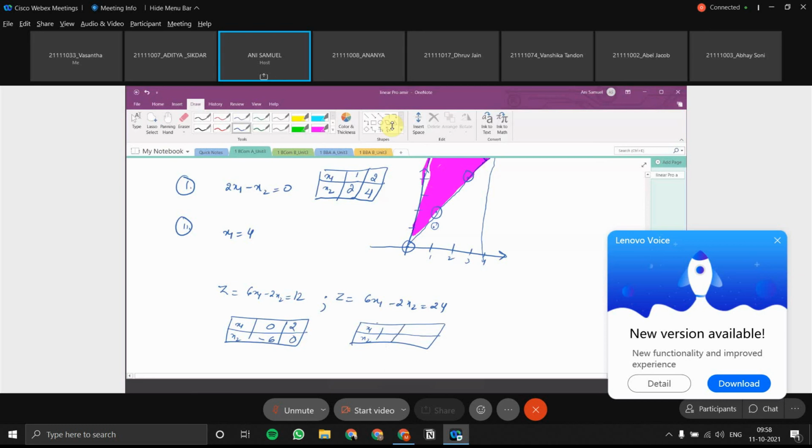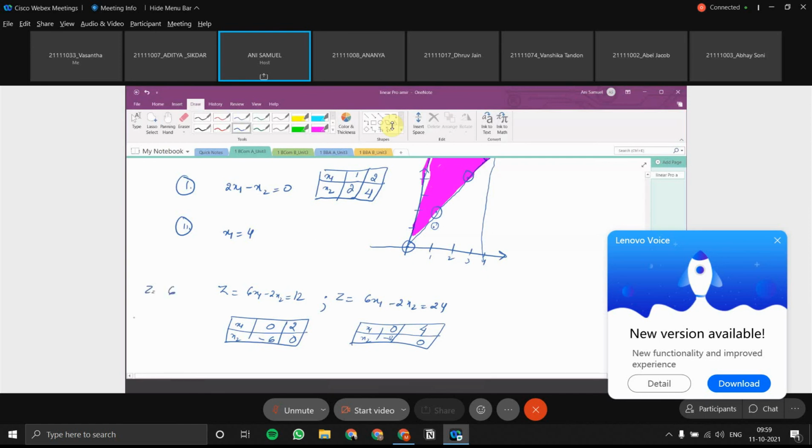Similarly, when we take x1 as 0, I am getting x2 as minus 12, and that is too big a number. Ma'am, we can take 6 and 12 as Z value. Yeah, let's take that because otherwise plotting this in my graph is too difficult.